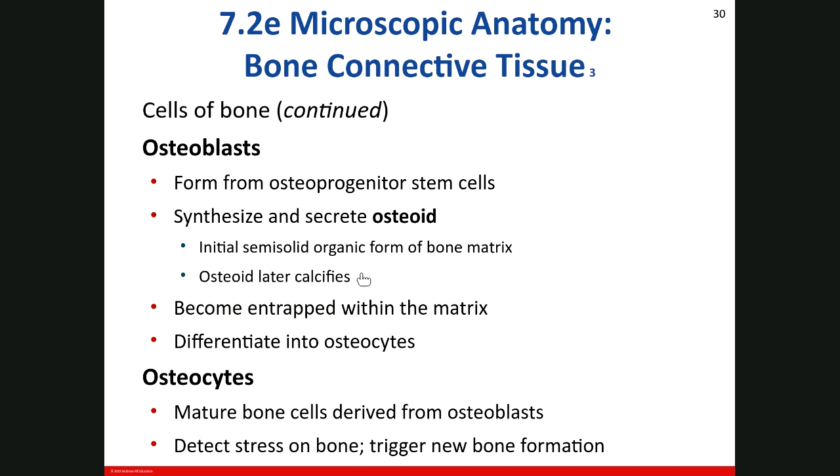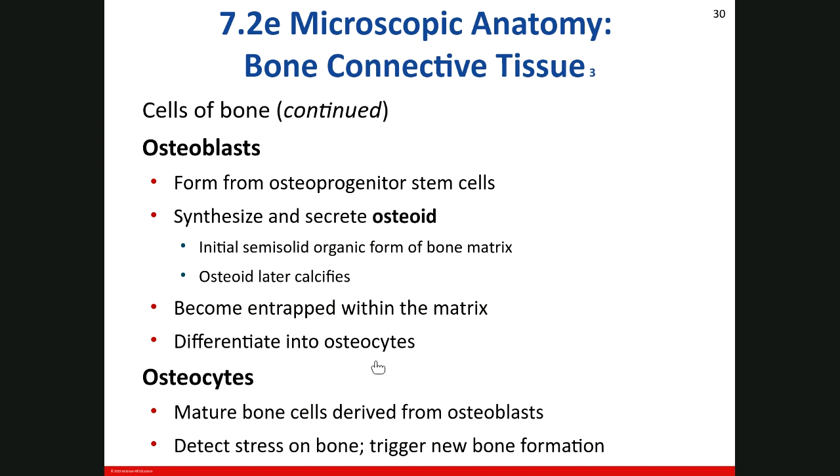So the osteoblast can make osteoid. Osteoid is very soft, and then we need to have calcification on the osteoid to make a hard matrix of the bone. When the matrix becomes hard, the osteoblast is trapped in the hard matrix, and then we call it osteocyte.